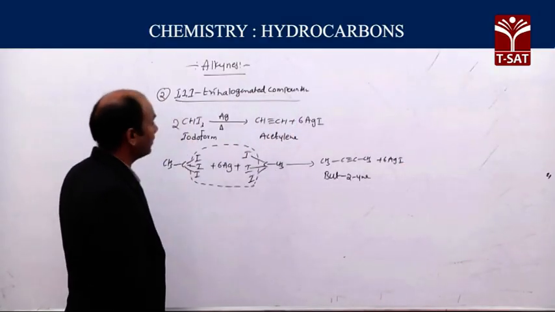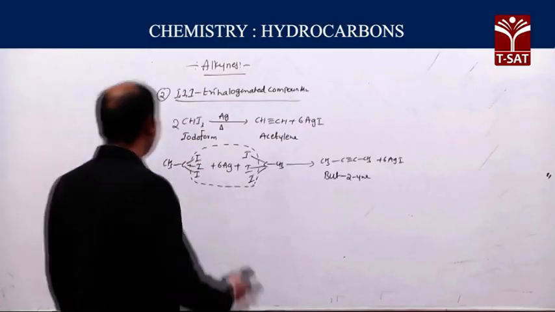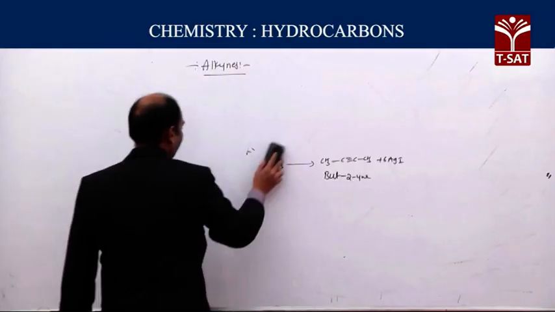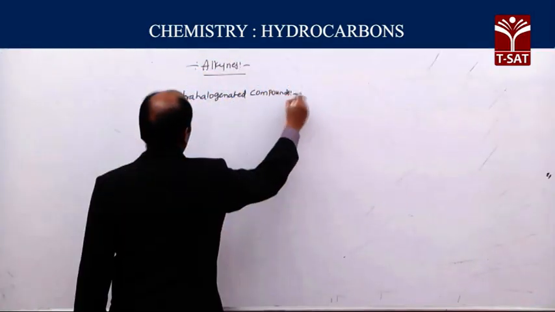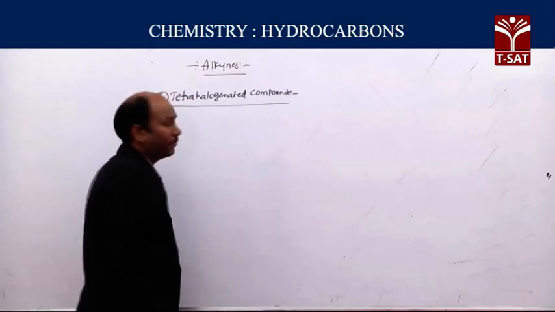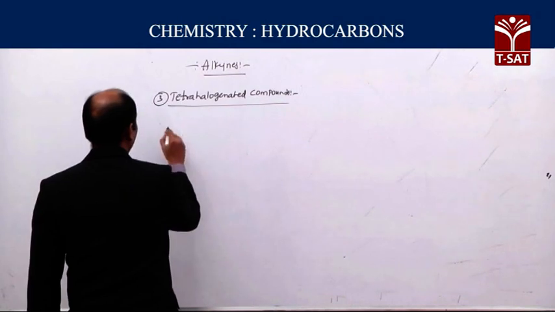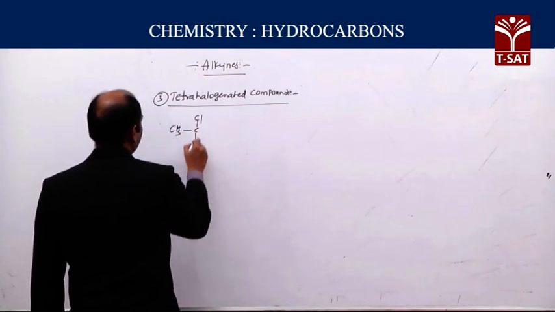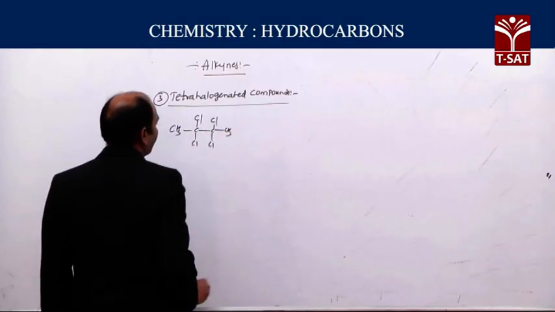This is the trihalogenated compounds. After trihalogenated compounds, the third one is tetrahalogenated compounds. These tetrahalogenated compounds can be converted into alkynes. Take this example, CH3 CCl2 CCl2 CH3.